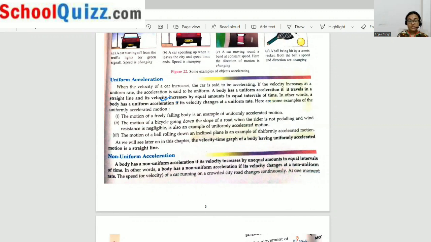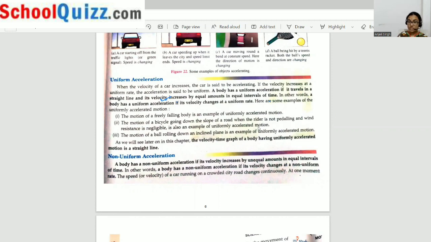Here, when the velocity is changing by an equal amount in equal intervals of time, meaning the velocity keeps changing equally in equal intervals of time, that is known as uniform acceleration. Clear, everyone? That is known as uniform acceleration.